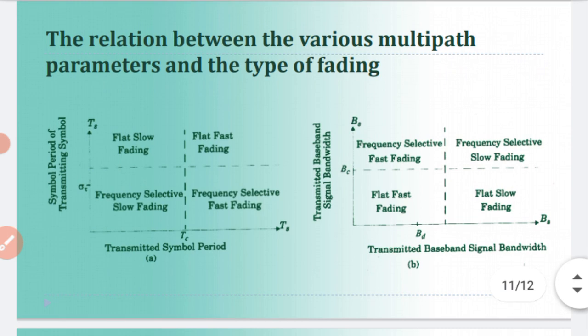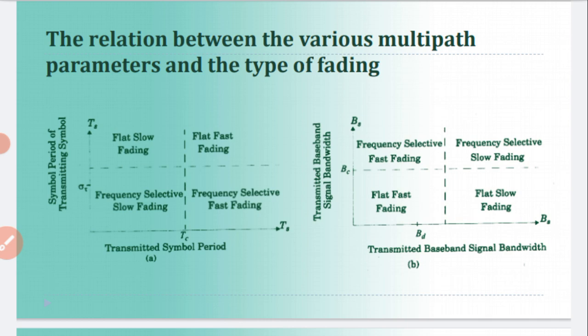This figure shows the relation between the various multipath parameters and the type of fading. Based on the transmitted symbol period, the first figure shows the symbol period Ts.